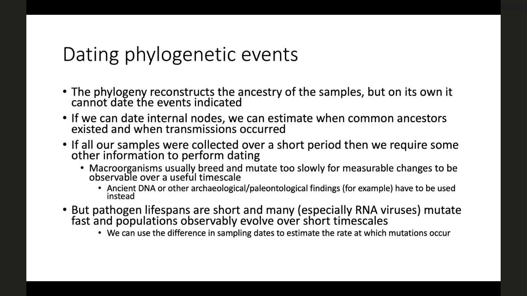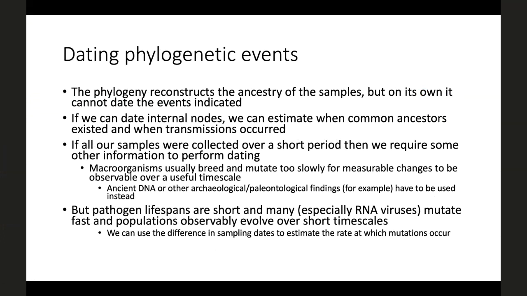So for macroorganisms, and particularly for humans or any other large animal, normally breeding and mutation is too slow for measurable changes to be observable over a useful timescale. If you were to take a sample of humans this year and one 5 years ago, there wouldn't really be a noticeable difference in the genetic makeup of the population. So studies of that kind sometimes have to use ancient DNA or other archaeological or paleontological findings to time the tree instead.